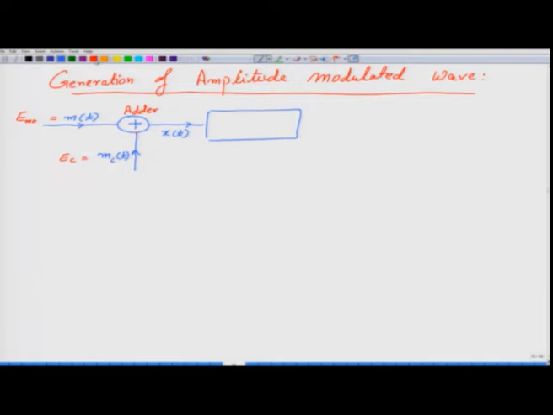The second block, the square law device, takes x(t) as input and produces y(t) as output, such that y(t) equals some constant times x(t) plus another constant times x(t) squared. The square law device is typically a non-linear device.